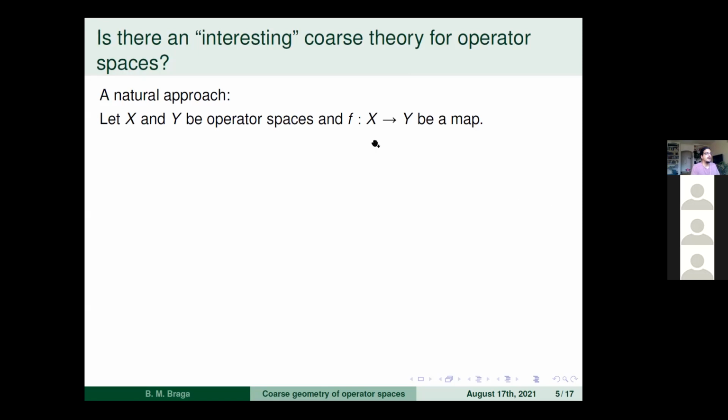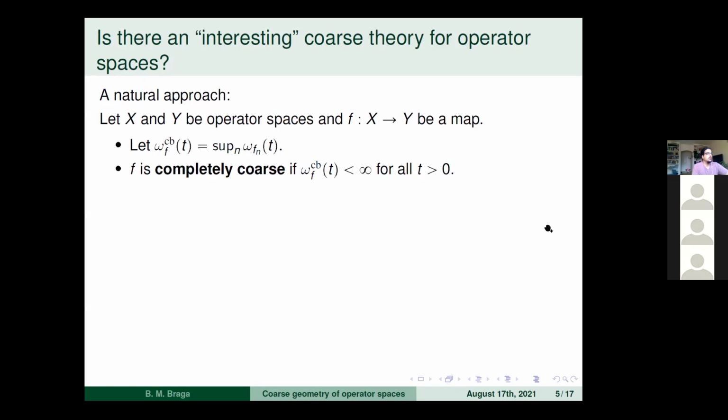So you start with a map between operator spaces. Now we don't care about the map being linear anymore. So just as we did with the norm of the Fn's, we look at each amplification. Each amplification has this omega F modulus defined, and you can look at the supremum of all of them. And you can say that this is completely coarse if it actually is finite for any t.